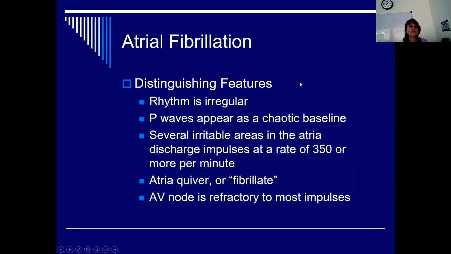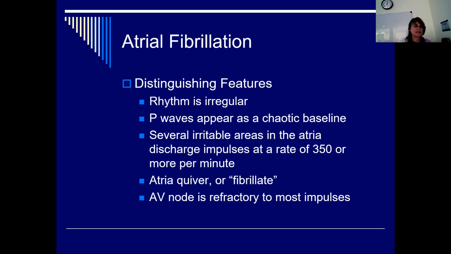So the distinguishing features of atrial fibrillation are that the rhythm is irregular. The P waves appear as a chaotic baseline. You almost think you're looking at artifact. That's what the P waves look like. It's caused from several irritable areas in the atria that discharge impulses at a rate of 350 or more per minute.